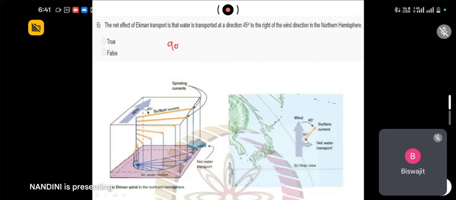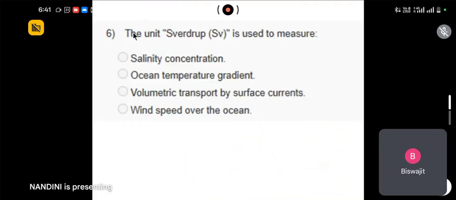Net transport will be at 90 degrees to the right in the northern hemisphere and 90 degrees to the left in the southern hemisphere. So this statement is false. So that is basically Ekman transport.